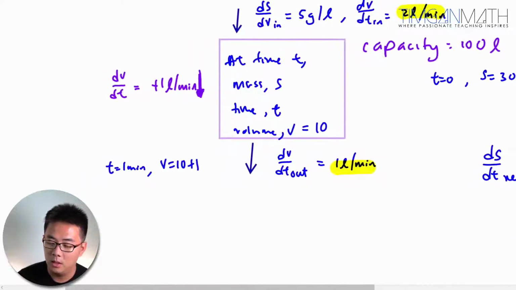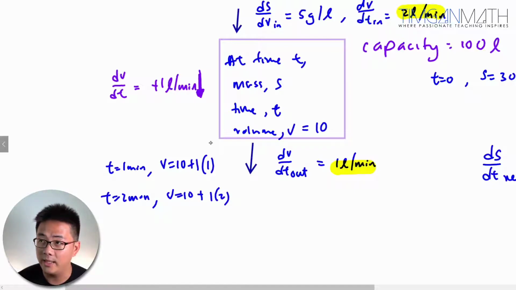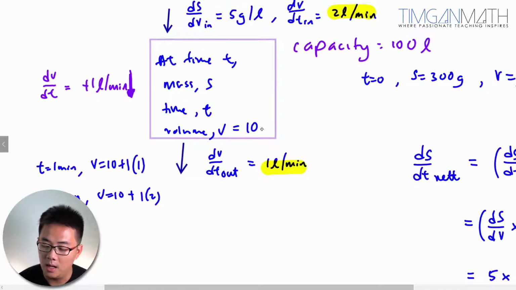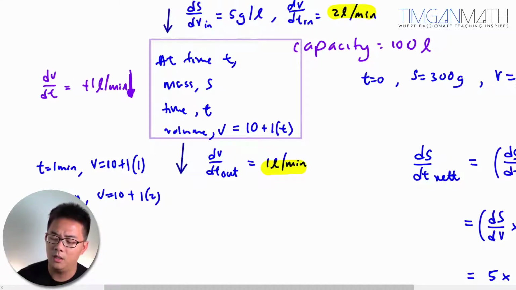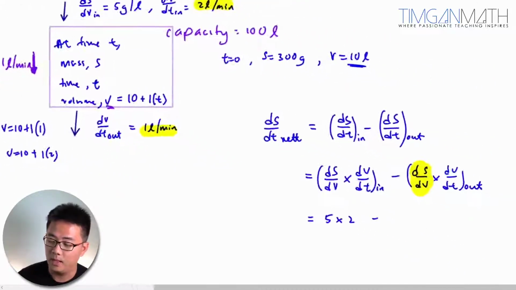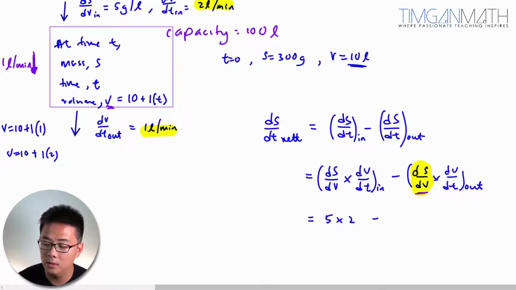If t is 2 minutes, you expect 10 plus 1 times 2. Every minute, you add 1 liter of water inside. So at time t, the volume would be 10 plus 1 times t, a function of time. Express your volume as a function of time. That is the one that is going out.